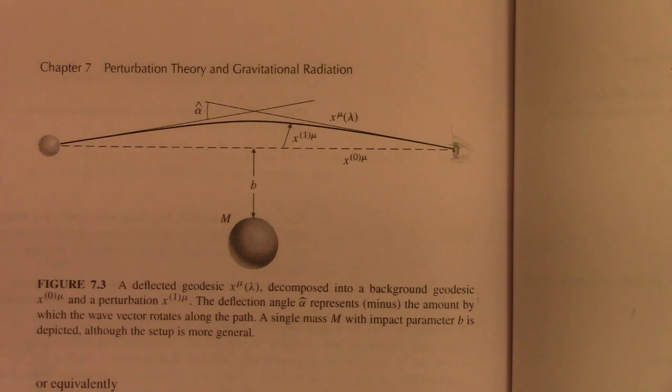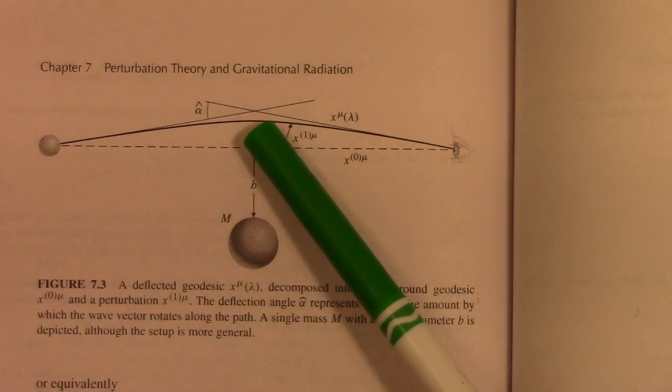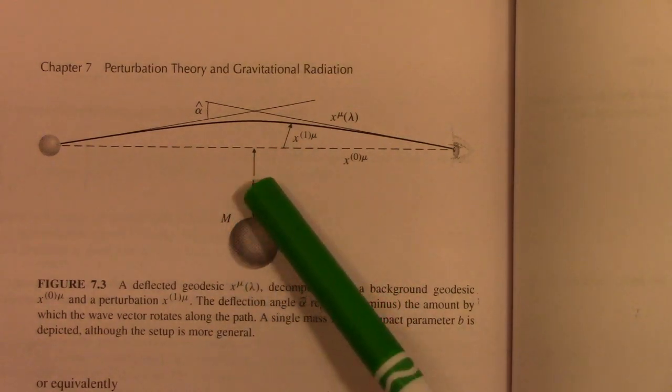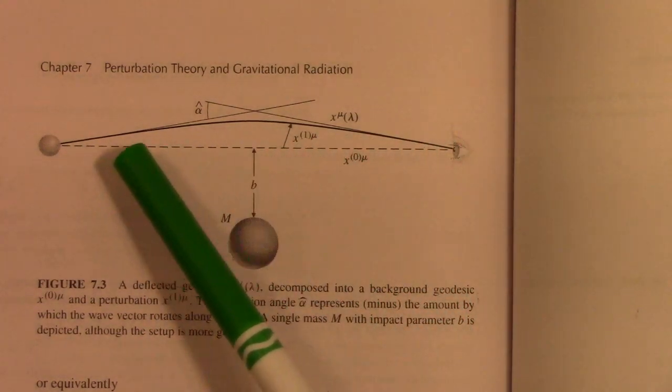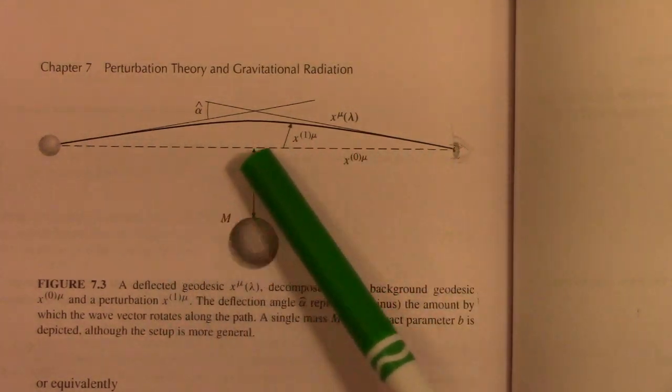The deflection angle alpha represents minus the amount by which the wave vector rotates along the path. A single mass m with impact parameter b is depicted. So this impact parameter b is the hypothetical perpendicular distance from the mass to the line of closest approach for the geodesic in the flat background.